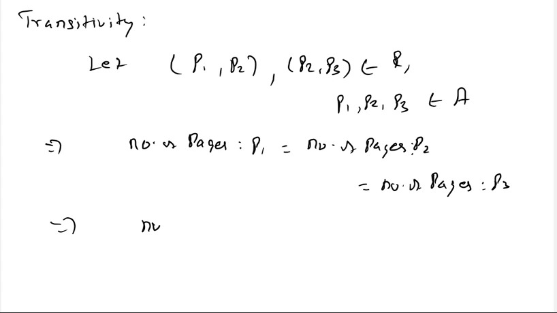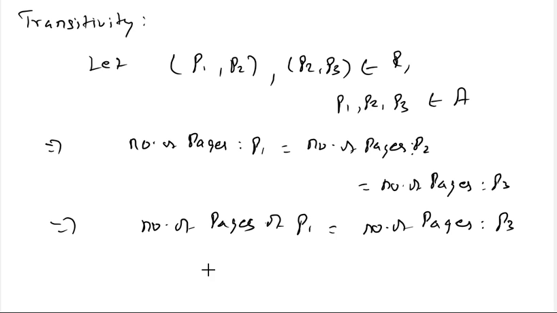This implies the number of sides of P1 is equal to the number of sides of P3, and so P1 can be the pre-image of P3 in the relation R.